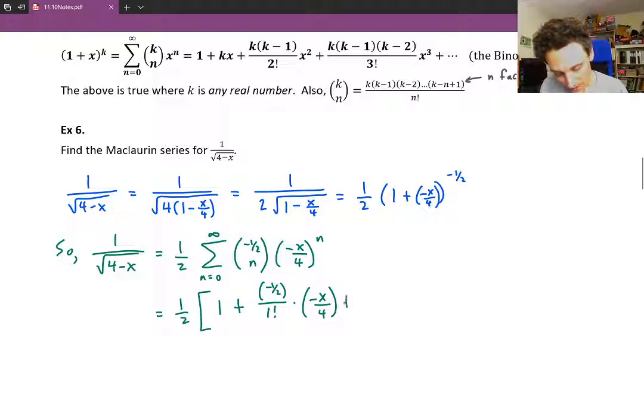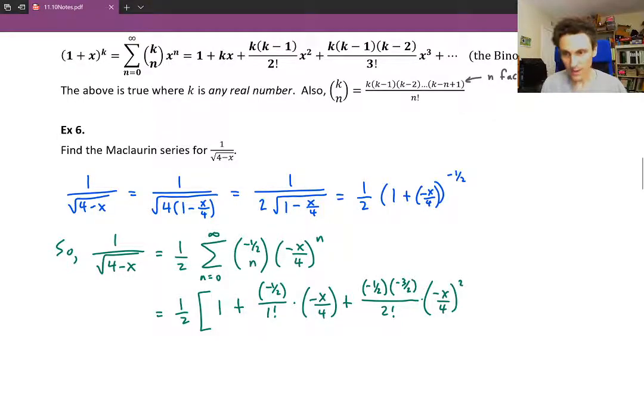Then we have plus. Now the next one we're going to have k times k minus 1 over 2 factorial. So here's k. K minus 1 would be negative 3/2 over 2 factorial times negative x over 4 squared. Then we have plus.